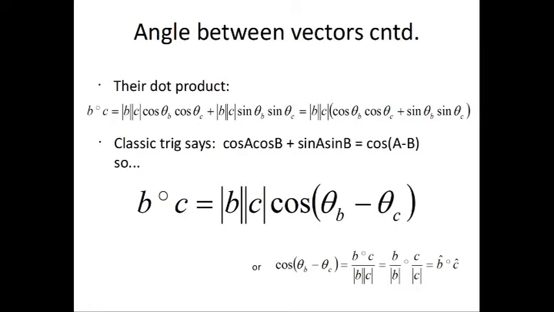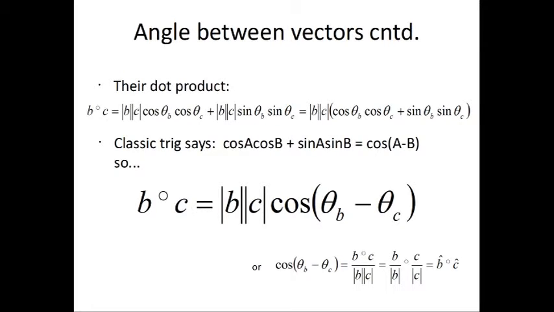And so we're going to look at a classic trigonometry rule that tells us that if we have the cosine of two angles multiplied added to the sine of two angles multiplied, that'll always give us the same number as taking the cosine of the difference between the angles. And there suddenly we have the difference between these angles. That is the difference between the angle from b to the x-axis and the angle from c to the x-axis, which is the angle we were looking for, because that is the angle between the two vectors.